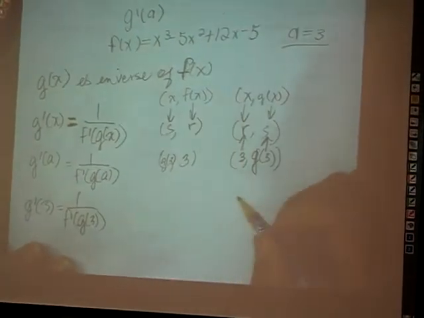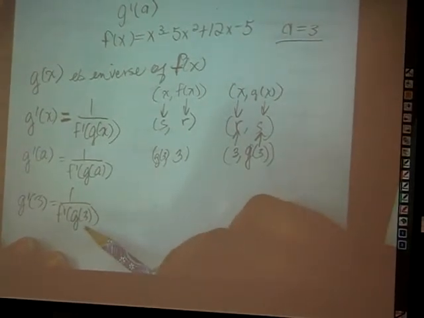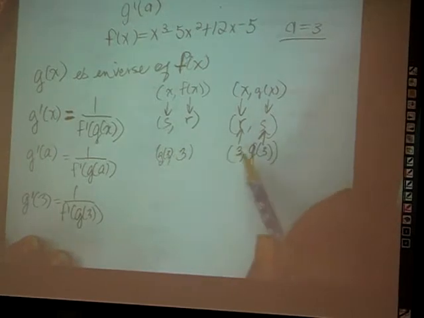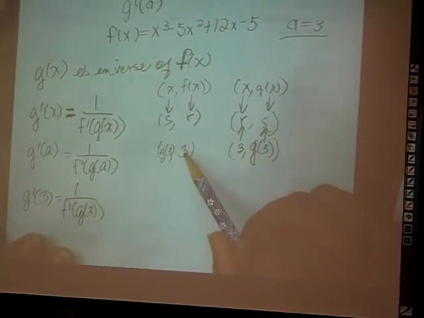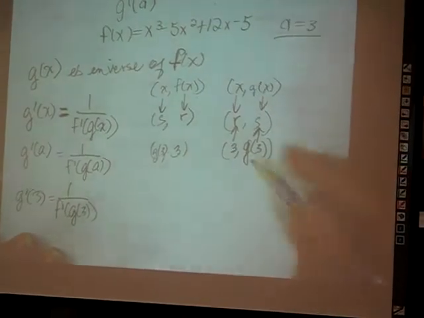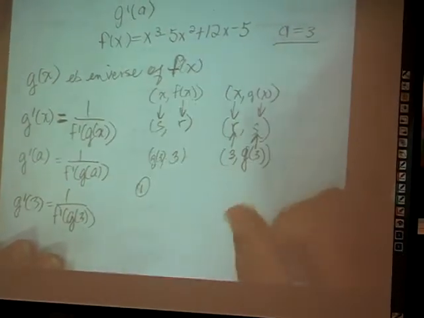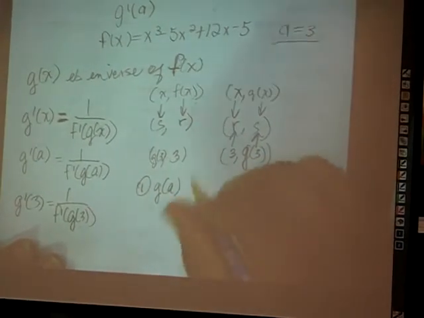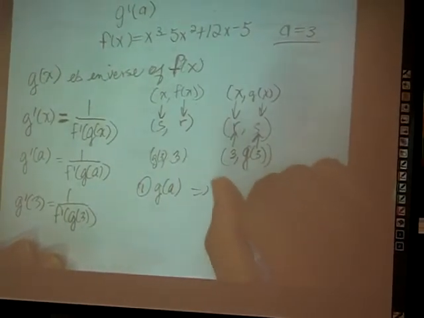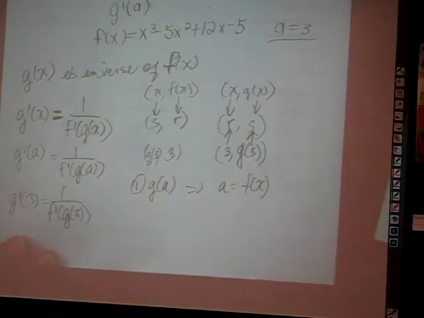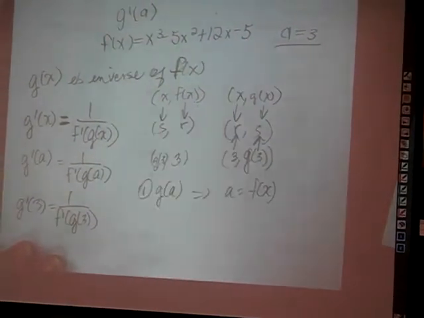So what does that mean? When I'm finding g of 3, what I'm really doing is setting 3 equal to f of x. So that's the first step I need to do. In order to find g of a, I have to set a equal to f of x and solve for x. That's the first thing we need to do.